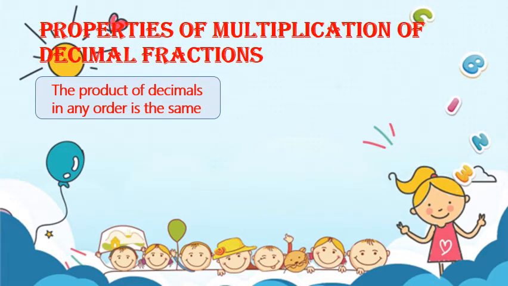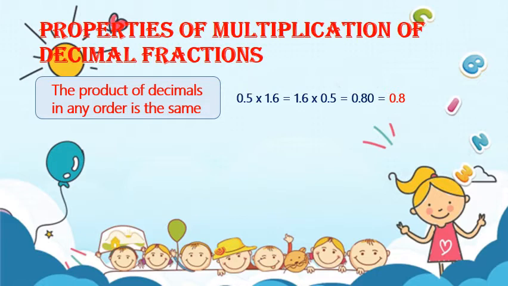Now children, let us learn some of the properties of multiplication of decimal fractions. The first property is that the product of decimals in any order is the same. That is, when we multiply 0.5 by 1.6, the product is 0.8.